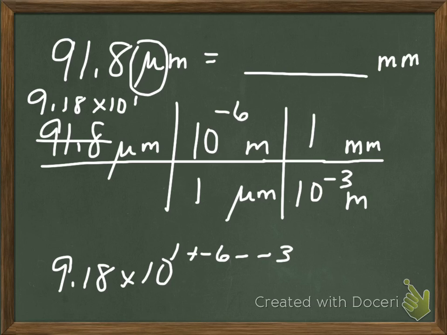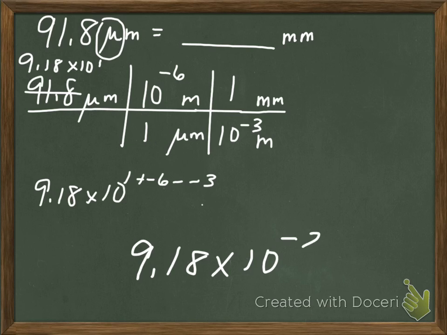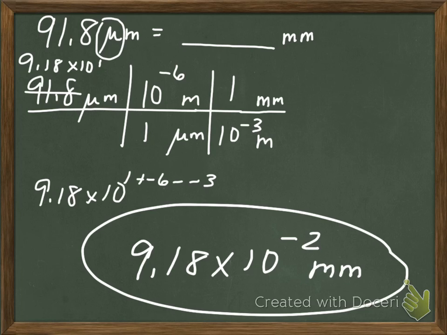So negative 5, 1 plus negative 6 is negative 5, plus 3, negative 2. So my final answer is 9.18 times 10 to the negative 2nd millimeters. And it's not complete until you have the units. 9.18 times 10 to the negative 2nd millimeters.